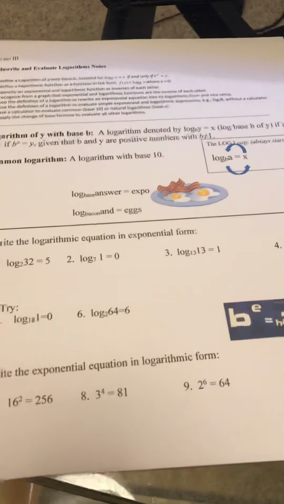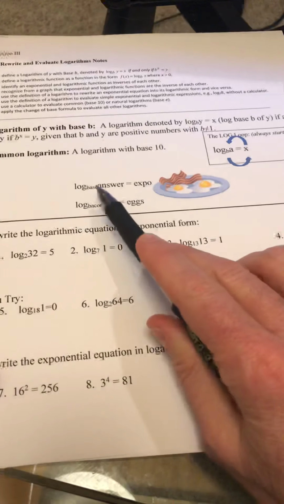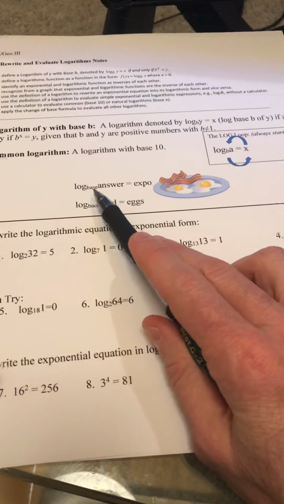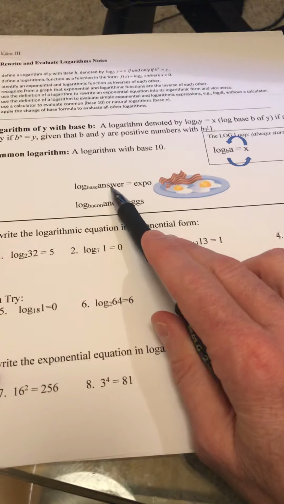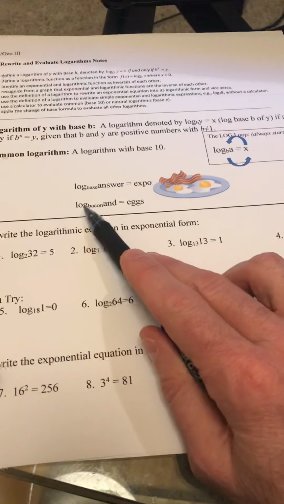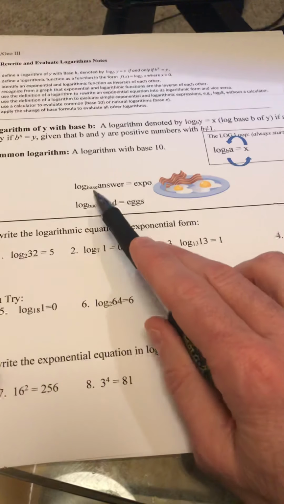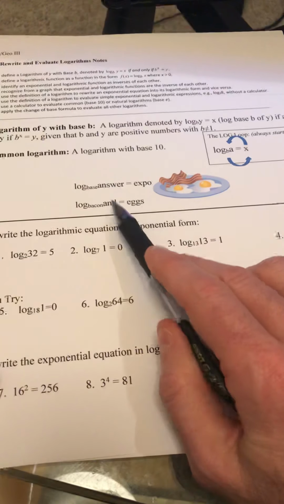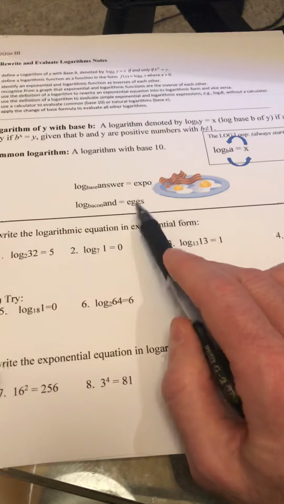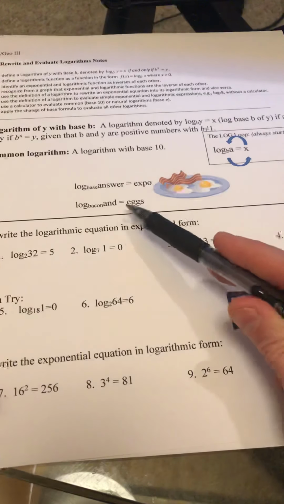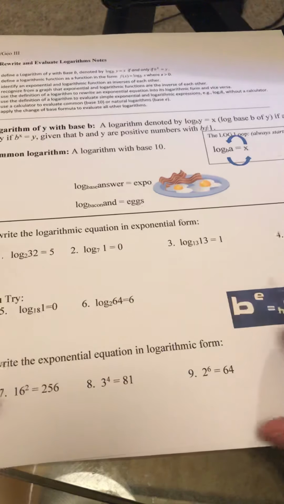Another way that some teachers also talk about this is we say it's bacon and eggs. You take the log of the base of the answer equals your exponent. Well, log of bacon and eggs. So instead of base, bacon, instead of answer, and, instead of exponent, you have the egg. So just a little different mnemonic that may or may not help you with that.